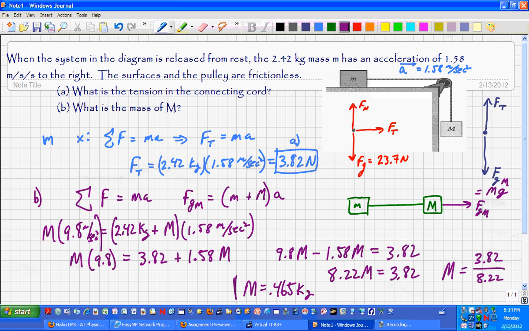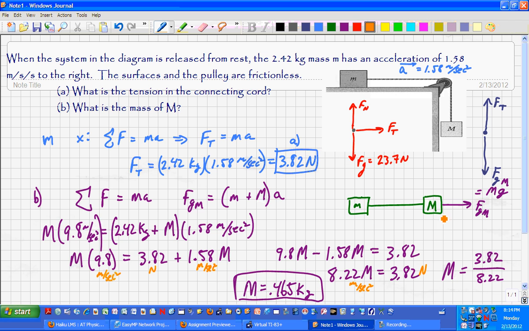It better come up in kilograms, so I'm going to take a quick look at the units. I dropped the units here. This first one would be in newtons. And then this is meters per second squared. So when I subtract this over, this is going to wind up in meters per second squared. This is in newtons still.